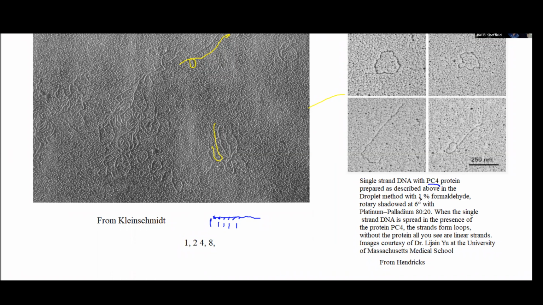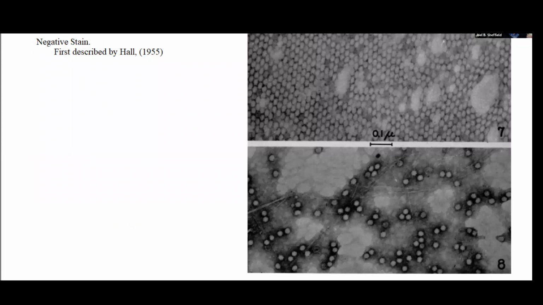This is single-stranded DNA. When it's in the presence of the PC4 protein, you get this thing forming loops. But without the PC4 protein, it's just stretched out as linear molecules. So this PC4 protein has a role in the configuration of the DNA.